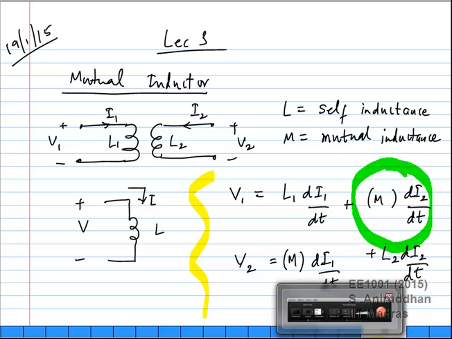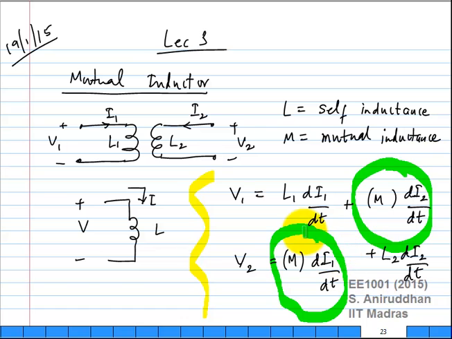Similarly, V2 will have a dependence on I1 through the same M. And I told you we'll hit this property later. It's called reciprocity. Using these two sets of equations, you can describe the relationship between the voltages and currents of these two coupled inductors.